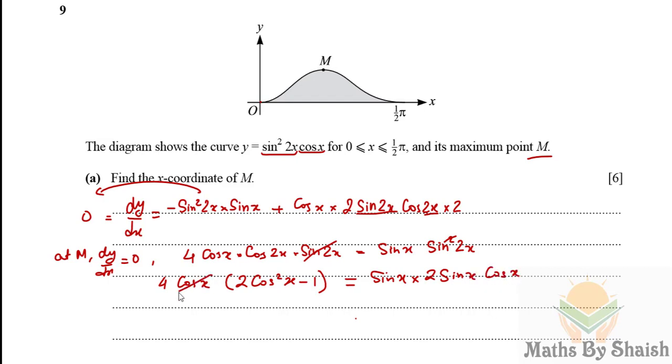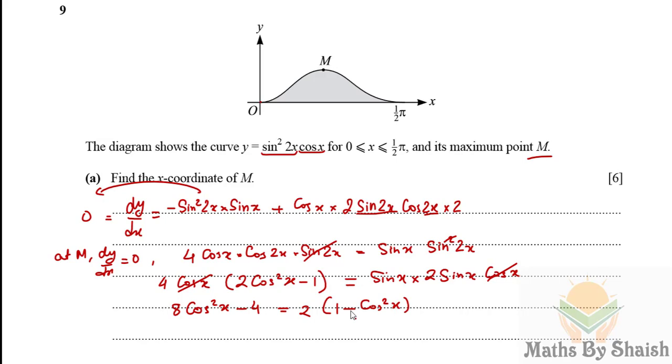So we can see this cos x also got cancelled, so we are left with 4 times (2 cos²x minus 1) here, and here it is 2 sin²x. So we convert this to sin²x and get 8 cos²x minus 4 equals 2 times sin²x, which we can write as 1 minus cos²x.